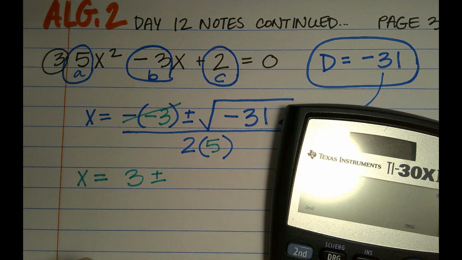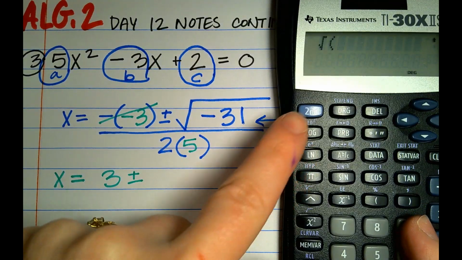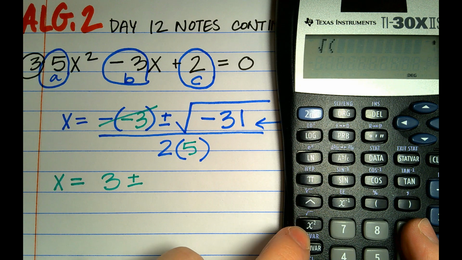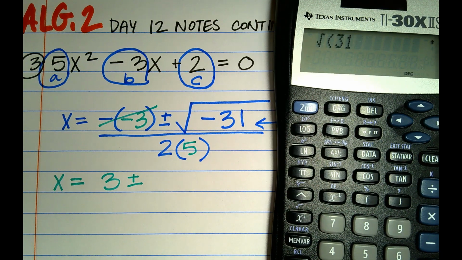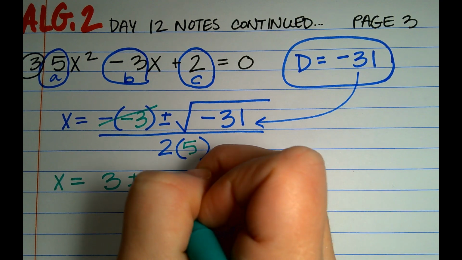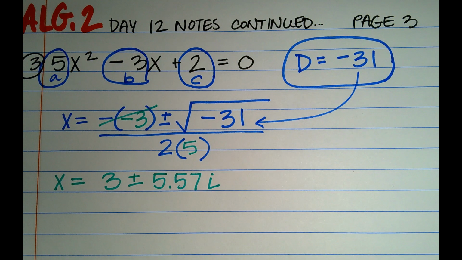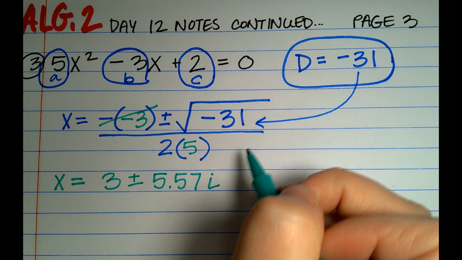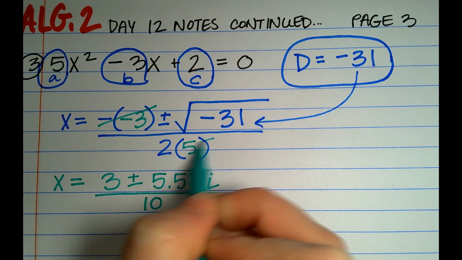So, second square root, just to remind everybody how we do it, we hit the second button and the x squared button. That gives us our square root. I'm going to type 31. We get 5.57 if we round up. So 5.57, since there was a negative, it's 5.57i. Now, divided by 10. 2 times 5 is 10.